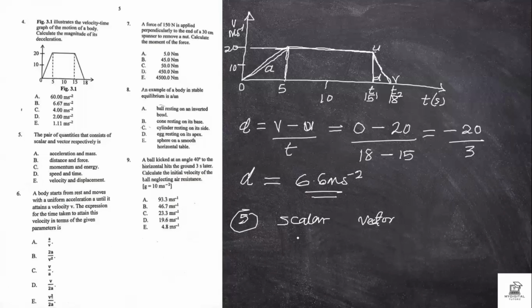Speed is scalar, time is also scalar. So E, velocity is a vector and displacement is also a vector. So the correct option here is option B, which is distance, which happens to be scalar, and force, which is a vector. So your correct option here is distance and force, which is option B.